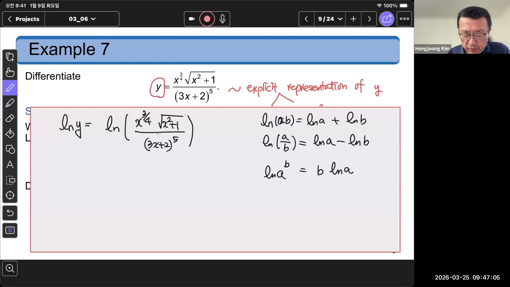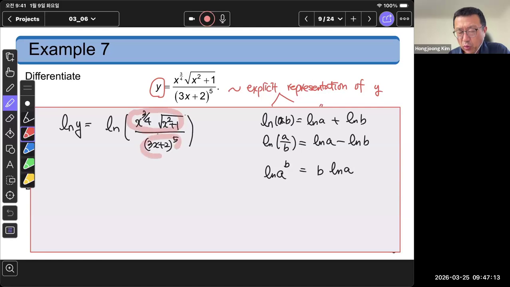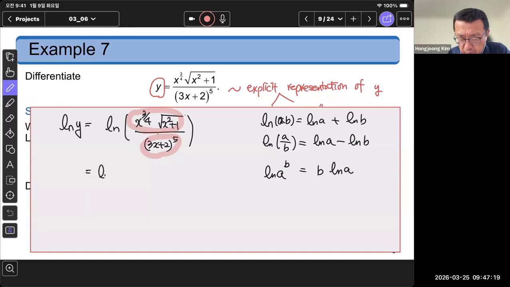So in this, inside the parenthesis on the right, I have a quotient of two functions. So that will be the same as log of x to the 3/4 times the square root of x squared plus 1, minus log of 3x plus 2 to the 5th.